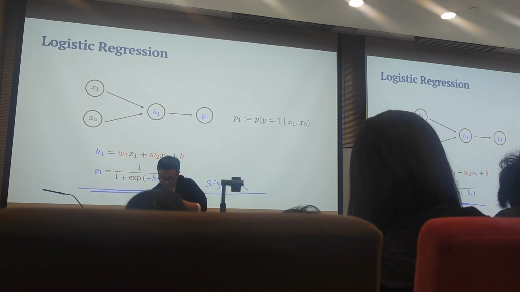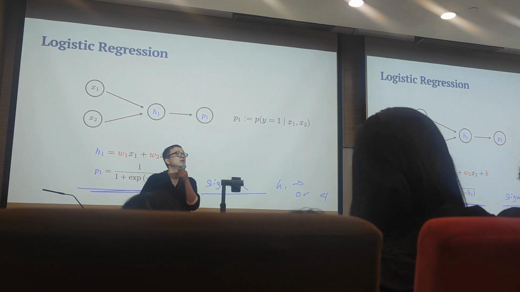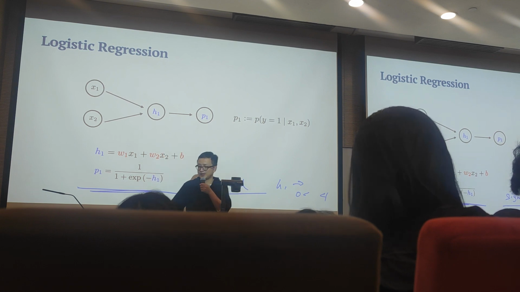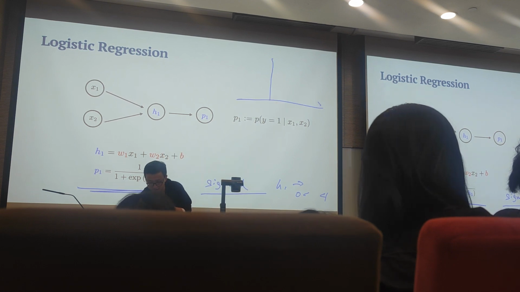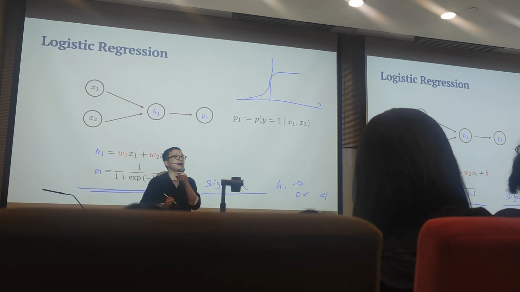The sigmoid function basically transforms this number h into some kind of probability between 0 and 1. People may have seen what it looks like before. It looks something like that.